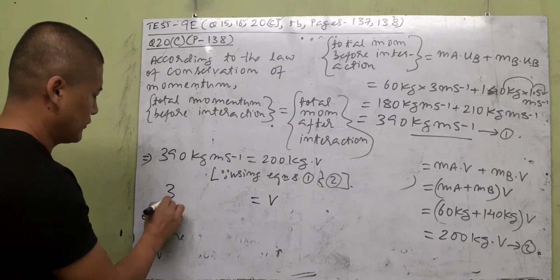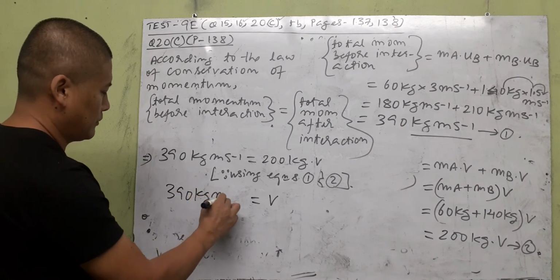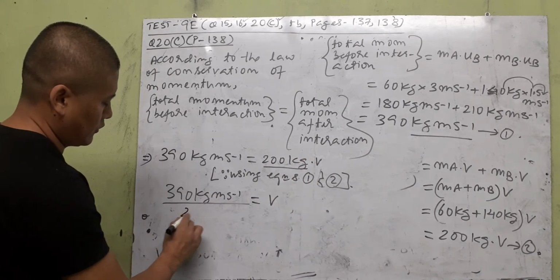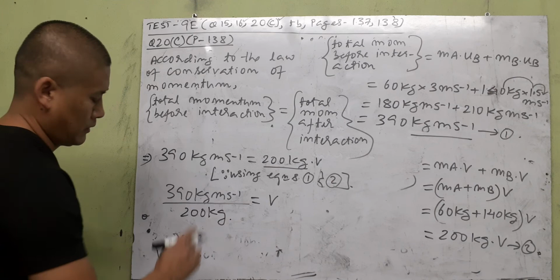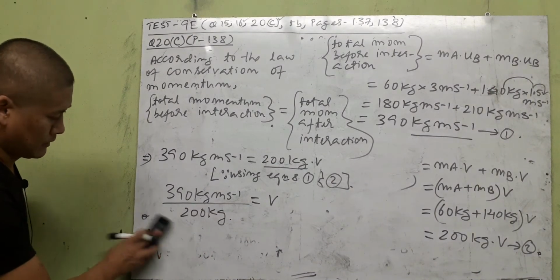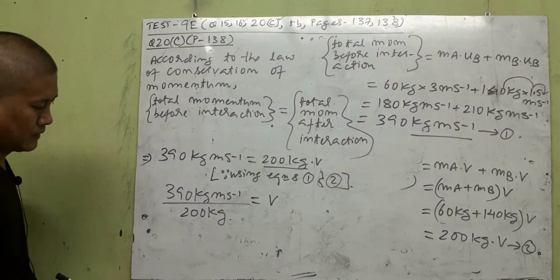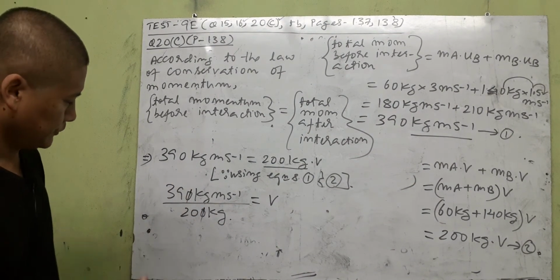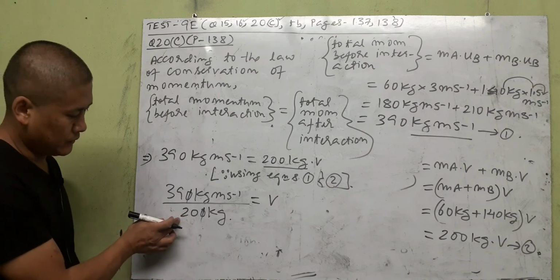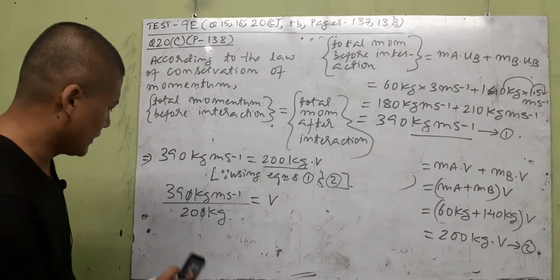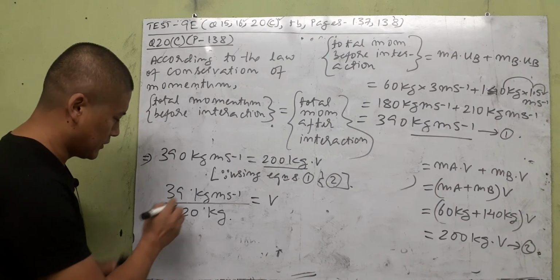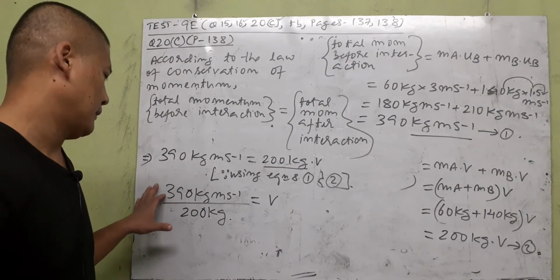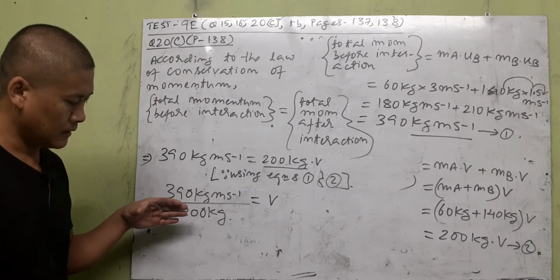Okay, so here we need to find V, so keep V on its own side. The 390 kg meter per second is not shifted, so it stays in the same place. The 200 shifts to the denominator and becomes divided by. Just do it slowly so that we don't miss it. Now I think the smart way is to cancel the zeros and try to make this one 10. If you cancel a little bit smartly, it saves time.